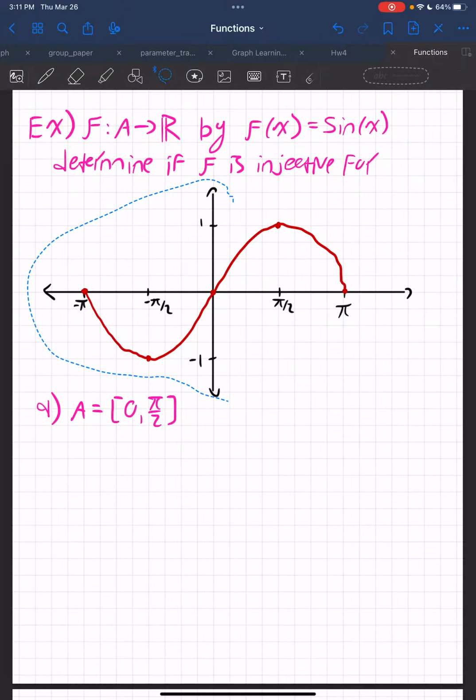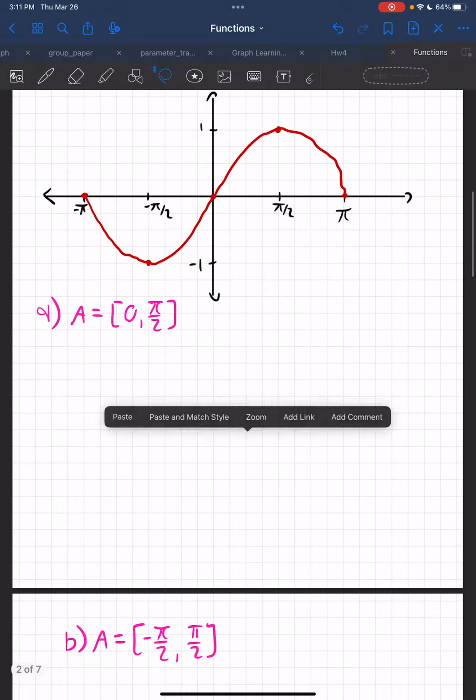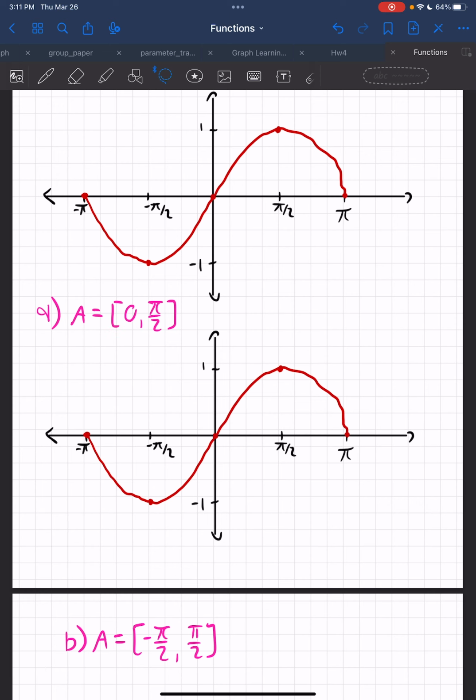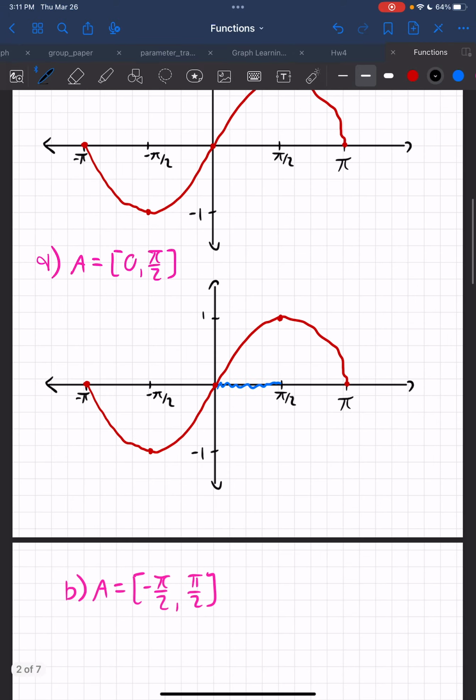Okay. I'm just going to copy this graph so that we can analyze the function on different domains. Let's first think about the function going from 0 through pi over 2 to the set of real numbers. So notice that on this particular interval, sine of x is strictly increasing.